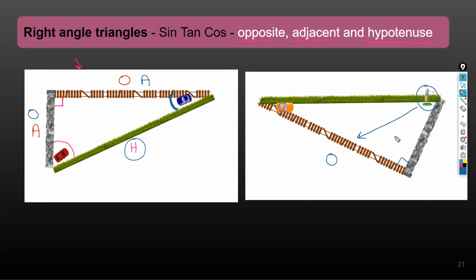The hypotenuse is the grass, because the grass is opposite what? The right angle. So once again, once you know O and H, then the missing side or the remaining side becomes your adjacent. Always find O and H first. They will be the two easiest things to find. The remaining side would be the adjacent.